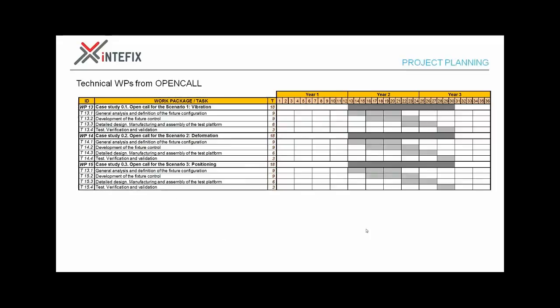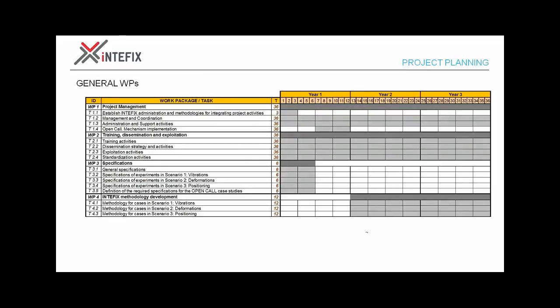Well, the selected case studies will start their contribution in the second year of the project, that is July 1st of this year, 2014, and the experiment will last 18 months until the half of the third year of the project.